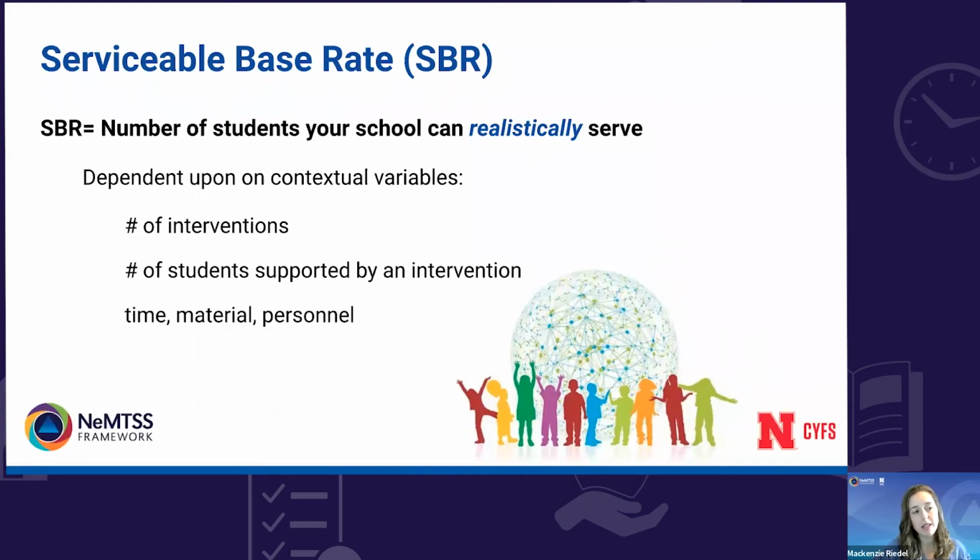This number is the number of students that you can realistically serve in your building. This takes into account any contextual variables such as the number of interventions that you have to provide, the number of students you may need to support with your interventions, and also any time, material, or personnel that you have available to you.